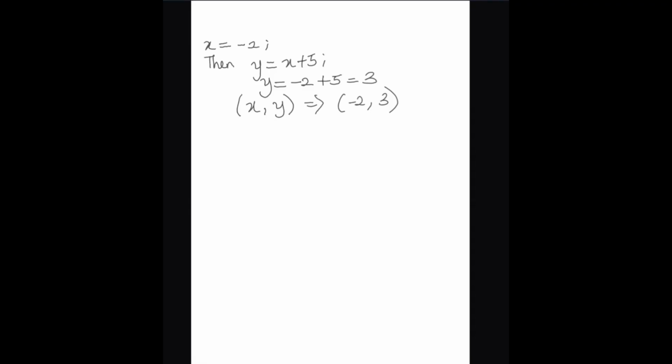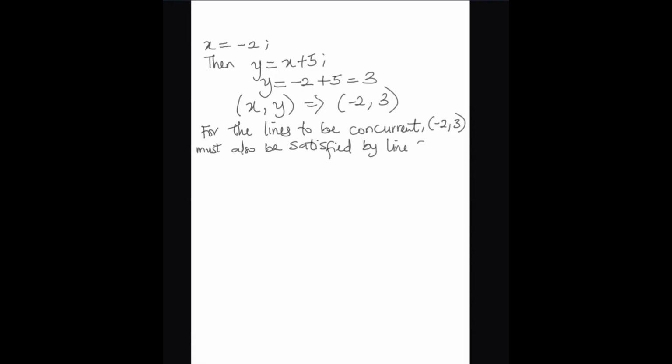So let's write here that for the lines to be concurrent, this intercept must also be satisfied by line 3.